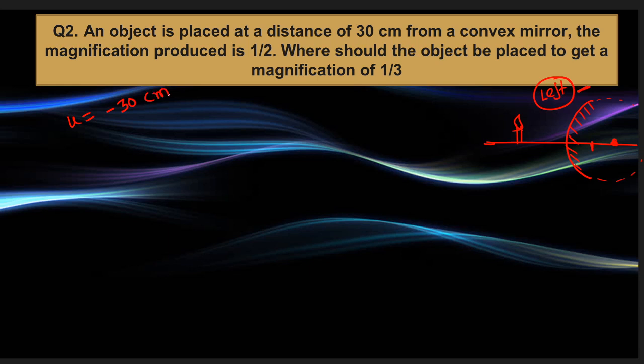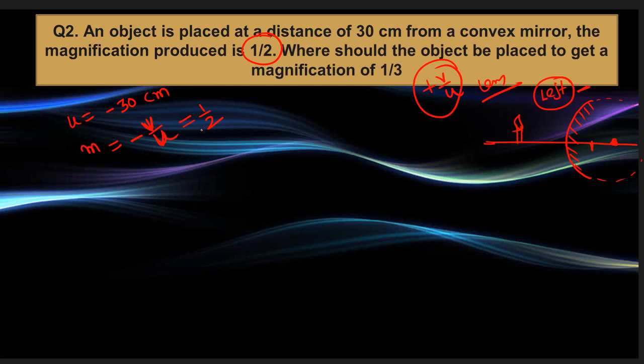Second thing, its magnification is half. We know magnification for a mirror is minus of v by u. But for a lens, it is plus v by u. Clear? For a mirror, it is minus of v by u. It is given, it is half. Okay.